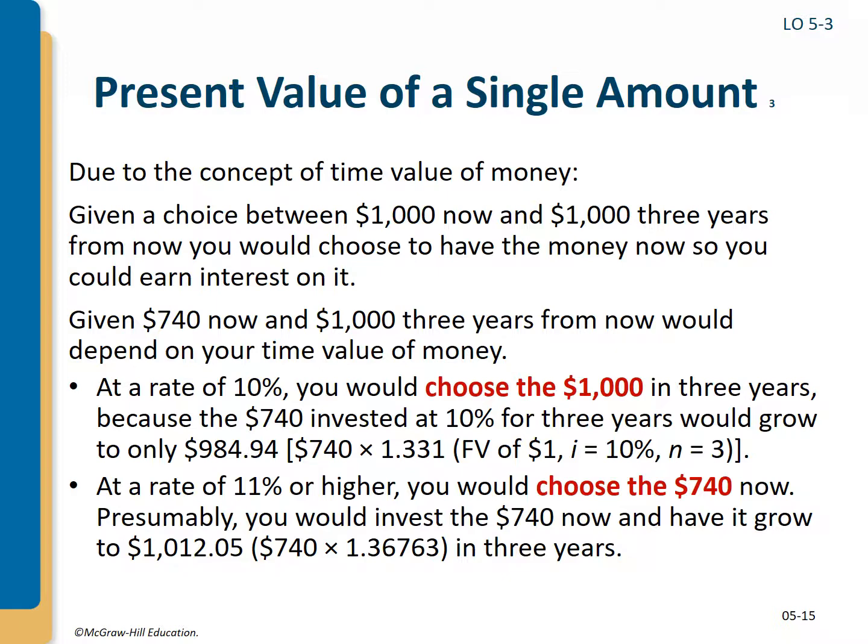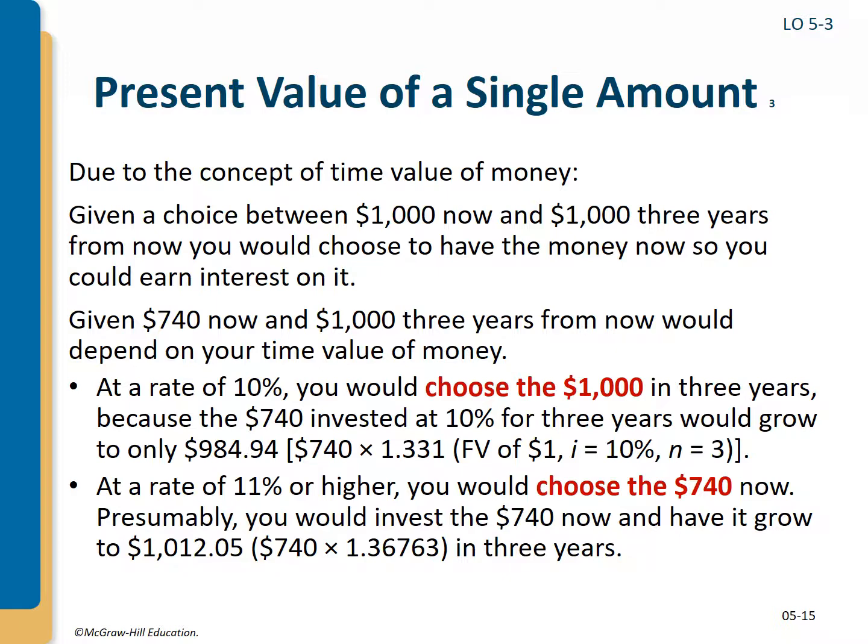What if your time value of money rate is 11%? Well, let's see. Now take the $1,000 times 11%, 3 periods, 0.73119. I'm just doing it a little bit different than what your slide is.